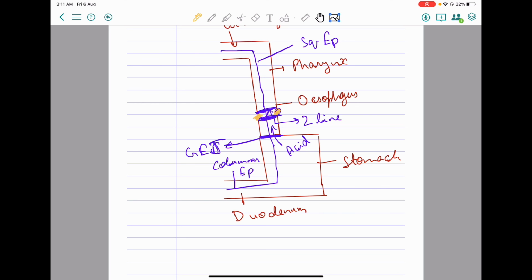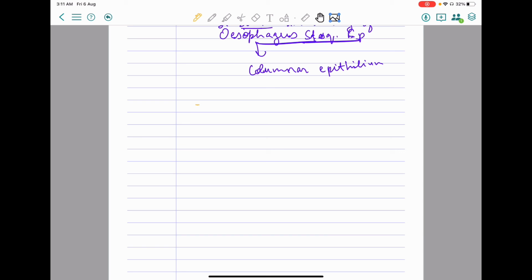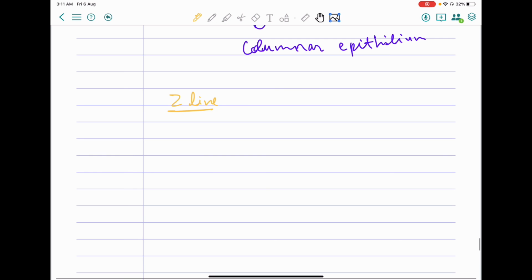Let me tell you another thing: what is actually the Z line? Actually, the Z line, or you can say the zigzag line, is the squamocolumnar junction. Where is it present?